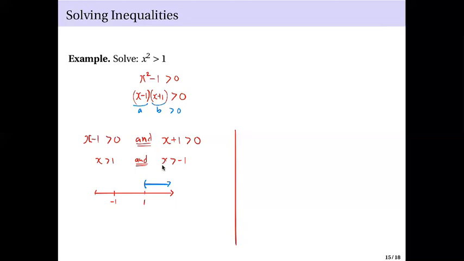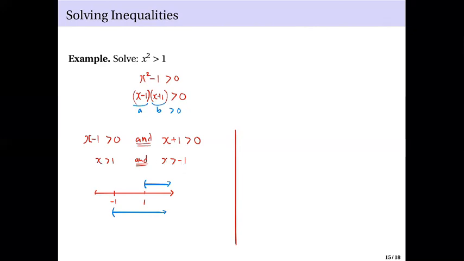And then here we want our x to be greater than -1, so we still have this parenthesis, and the direction is still going to the right. Now we want all those x's that satisfy these two inequalities.